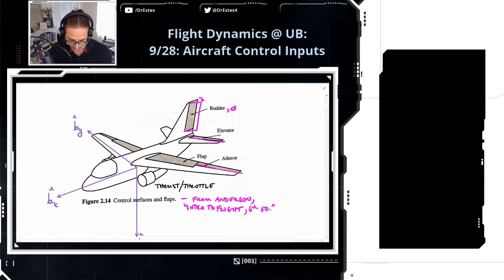And the angle by which we deflect that rudder, we're going to call that delta A. Now the elevator, well, we tend to have two, one on each tail back here, but same thing, you can actuate that like a hinge joint. And the angle that will do that is delta sub E. And that tends to pitch the aircraft, rotate it nose up or nose down.